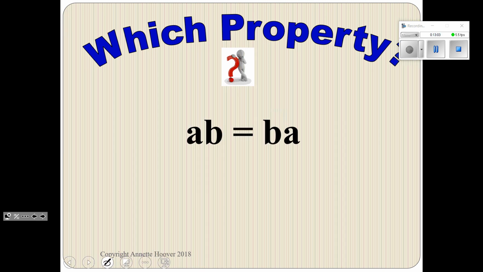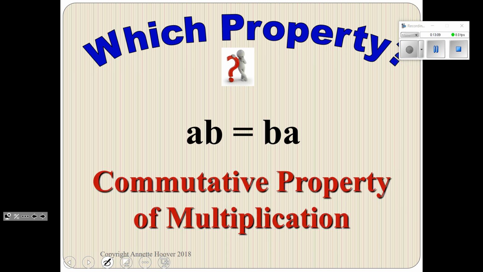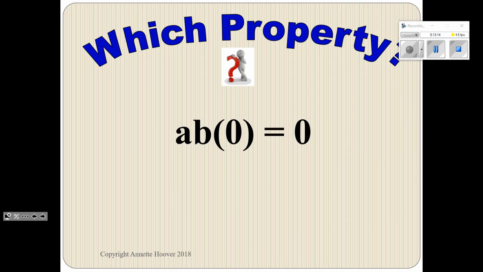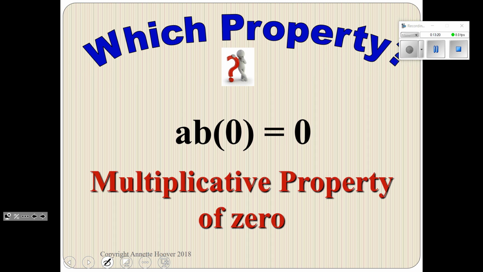A times B equals B times A. Multiplying. Change the order. Commutative property of multiplication. A times B times 0 equals 0. Anything times 0. That is the multiplicative property of 0.